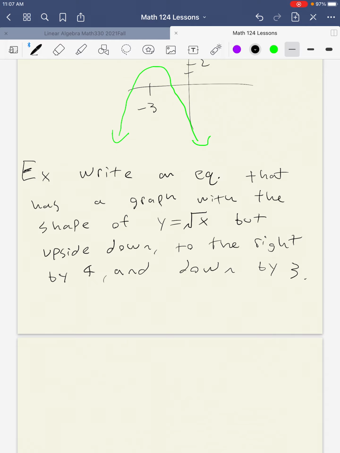Okay, so we have 3 transformations we want to do to this graph. And we're just going to do it algebraically, we're not going to graph it. We want to find the equation.